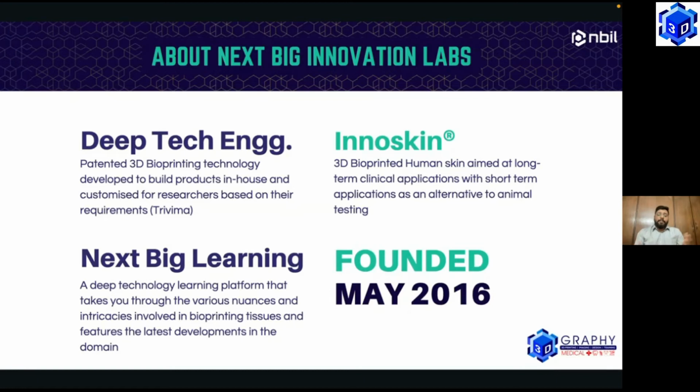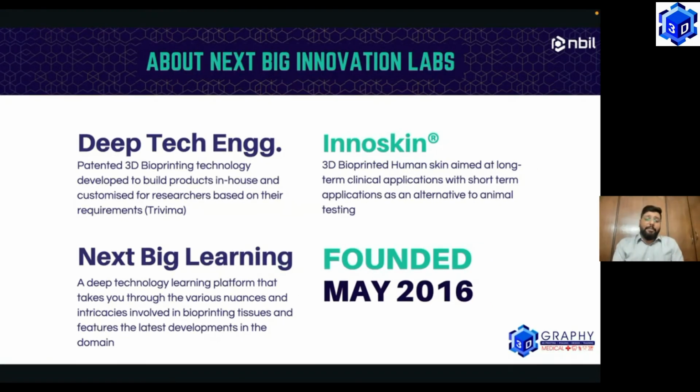Luckily, we got some support from the central and state governments to build out a bioprinter from India. That's how Thrivima came to be. We utilize patented versions of our technology to bioprint human skin. The project is currently underway at our labs at BBC, Bangalore Bioinnovation Center.